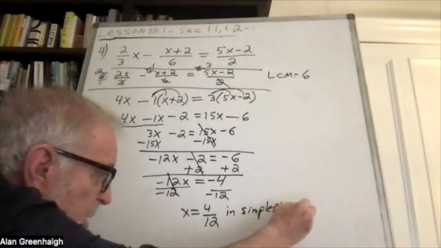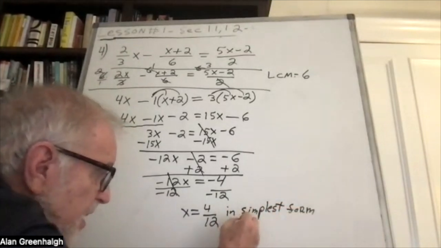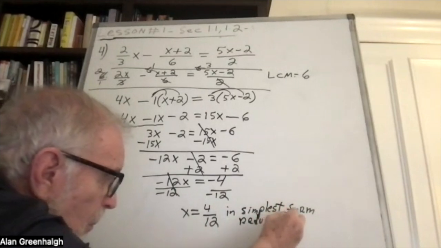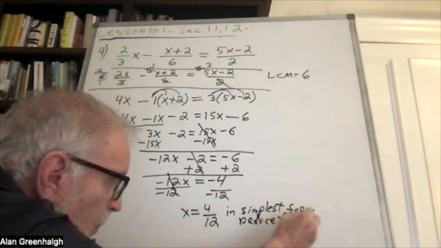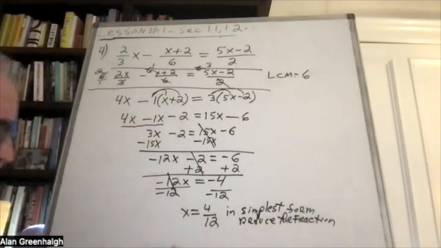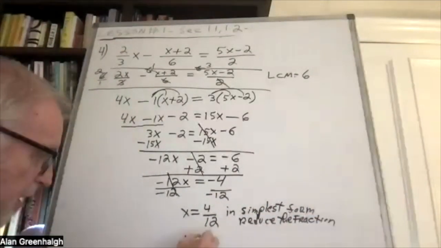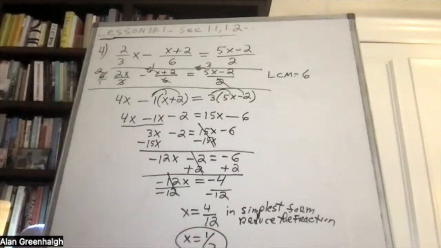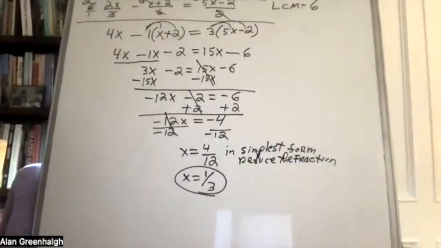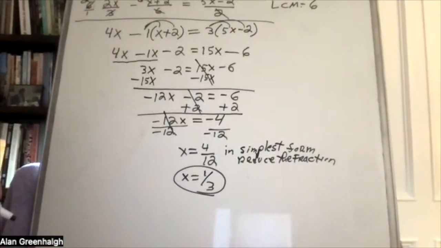And when I say simplest form, I mean reduce the fraction. And the answer is 1/3. Again, a decimal representation of that would be an approximate answer. I don't want the approximate answer. I want the exact answer.